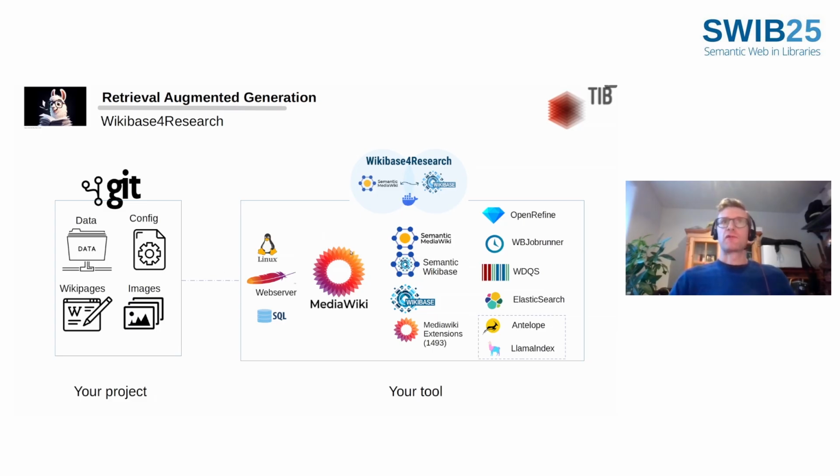The configuration of this tool is then part of the projects, together with all the content and images that are part of the research. In Wikibase for research, it's just a configuration which extensions shall be installed and automatically load in all the data.